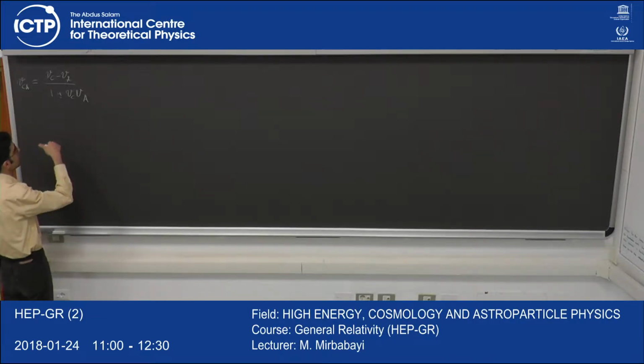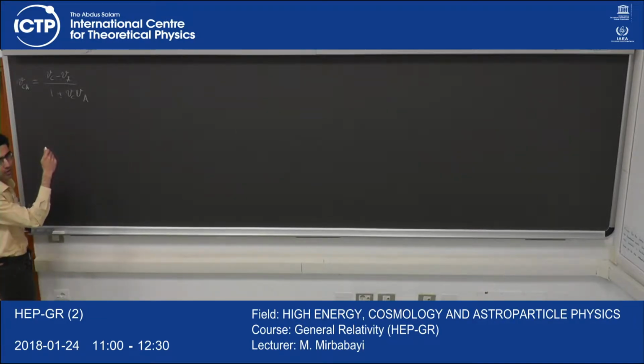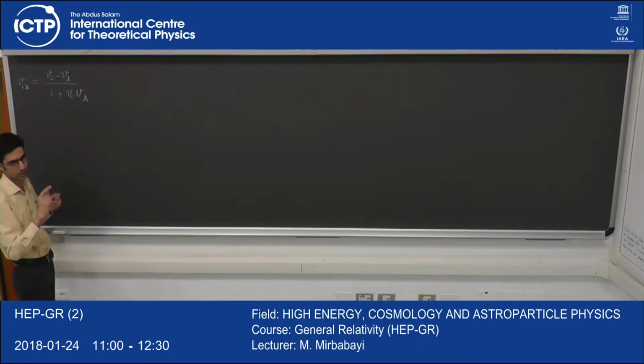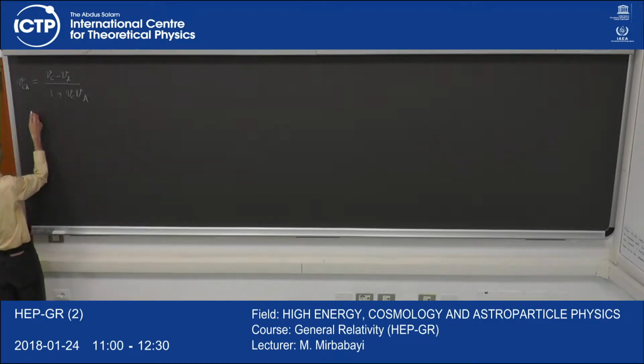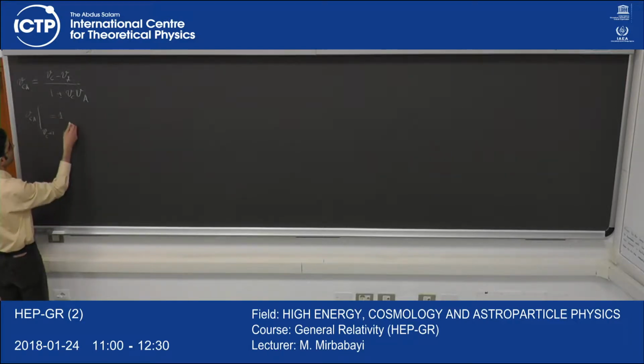Say if I take VA to 1, because c is set to 1, or if I take VC to 1, in both cases it has to be 1, because the velocity of light is absolute. It should be the same in all frames. So VCA, if VC goes to 1, has to be 1, and that fixes this sign to be negative, right? Yes.